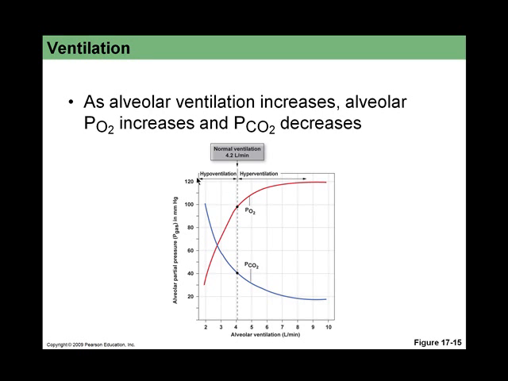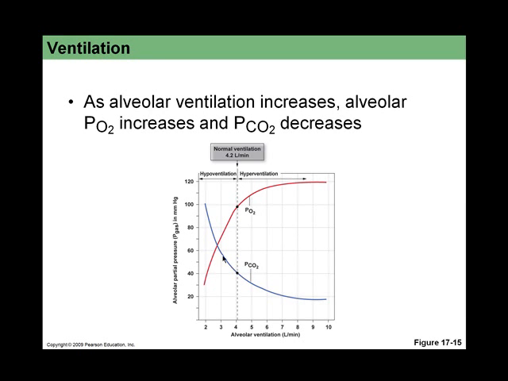So with hypoventilation, we see a near linear drop in the PO2 over a 2 liter per minute change in alveolar ventilatory rate. We see a drop from 100 to 30, so a drop of 70 millimeters of mercury. And it's quite linear.